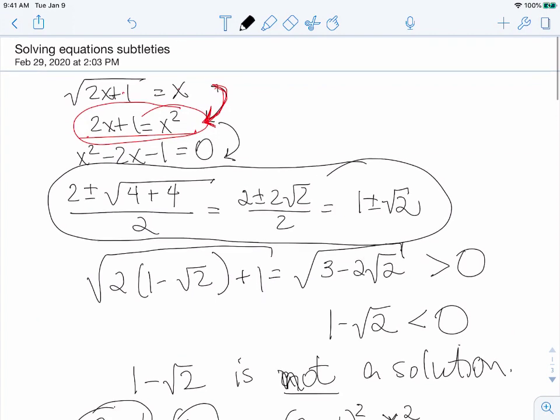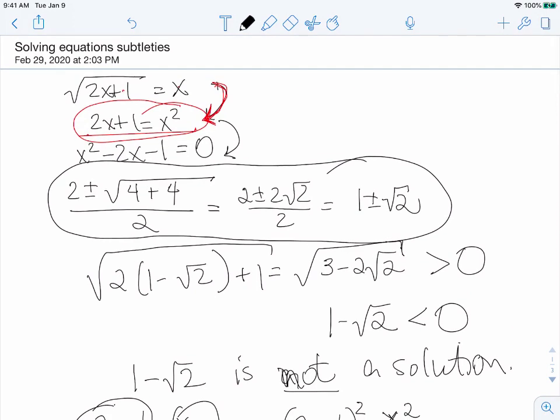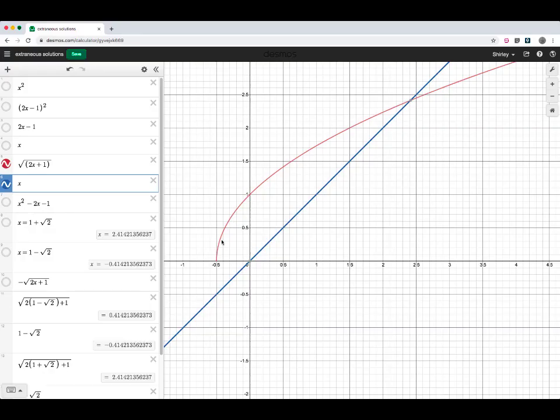And let's go back to our very original problem. You'll find that these two numbers also differ just by a sign. Here we plot the original equation, radical 2x plus 1 and x. Where does it intersect? At the point 1 plus radical 2.